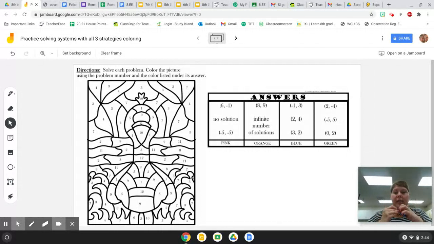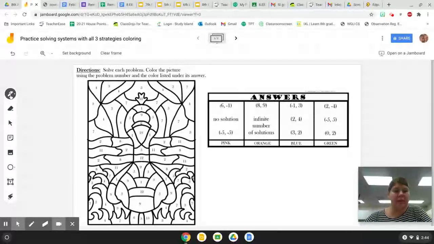What you're seeing right now on your screen is called Jamboard. It's just another Google product, like a Google Slide or Google Doc. Here's the symbol for Jamboard up at the top, and you see the title up here. What's nice about Jamboard is it has drawing tools.